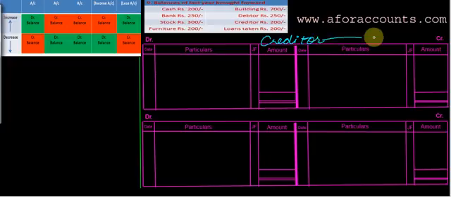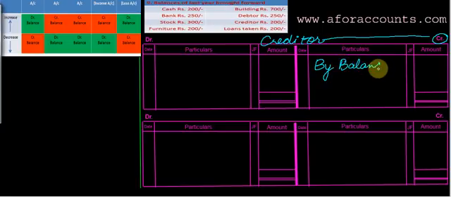So while writing credit balance, I write by. Instead of to here, I write by here. By balance, brought down, 200.